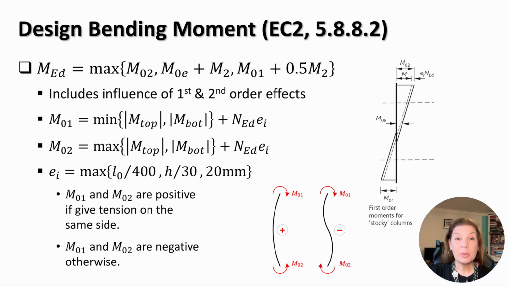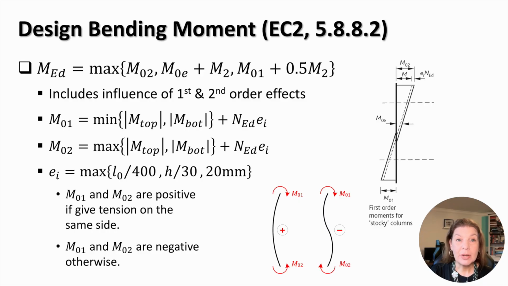The design bending moment of a slender column is found considering the influence of the first and second order effects. The moment is calculated as a maximum between three combinations of the maximum and minimum end moments: the moments produced by geometrical imperfections of the column and the moment produced by the second order effects.